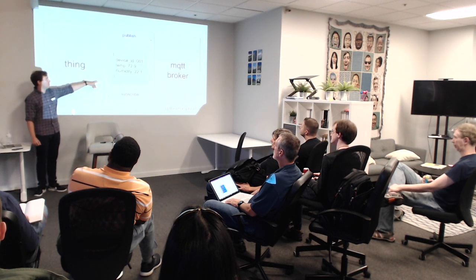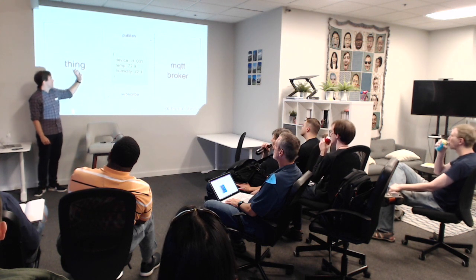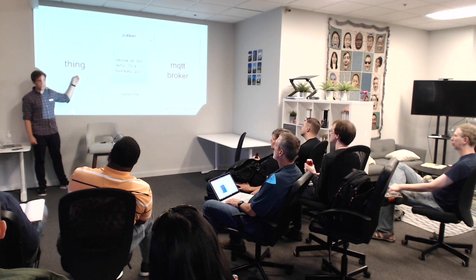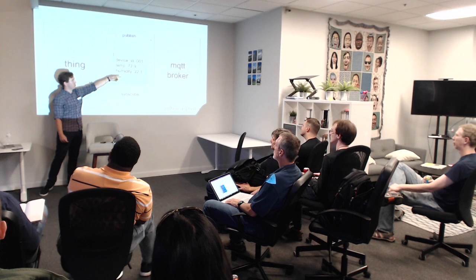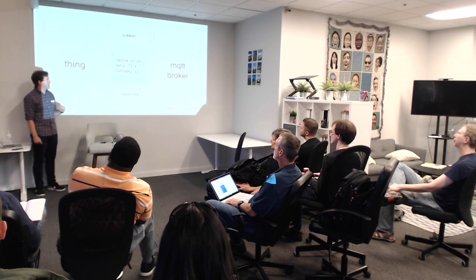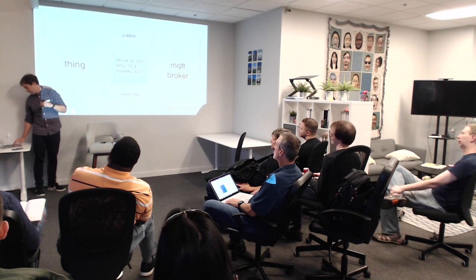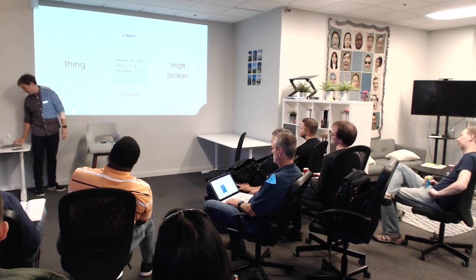These messages are JSON objects, which are just key value pairs. So say this thing is a humidity and temperature sensor, and it takes a reading and sends it over to the broker. It'll say something like the temperature in the room is 72.9 degrees, the humidity is whatever, and the MQTT broker is going to take that information and fan it out to anything that might be listening to it.